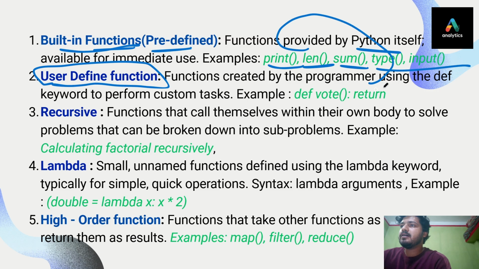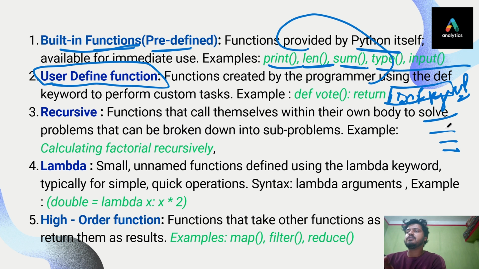Like you want to calculate the grade of the students of a class, you define a function like grade, you calculate the grade and return the grade. Done. That was a user defined function. You have to define your function as per your requirement.